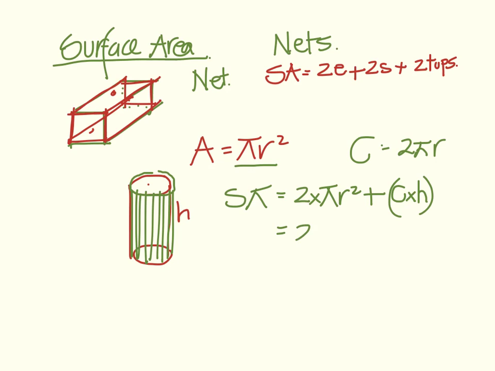So that is 2 pi r squared plus 2 pi r h.